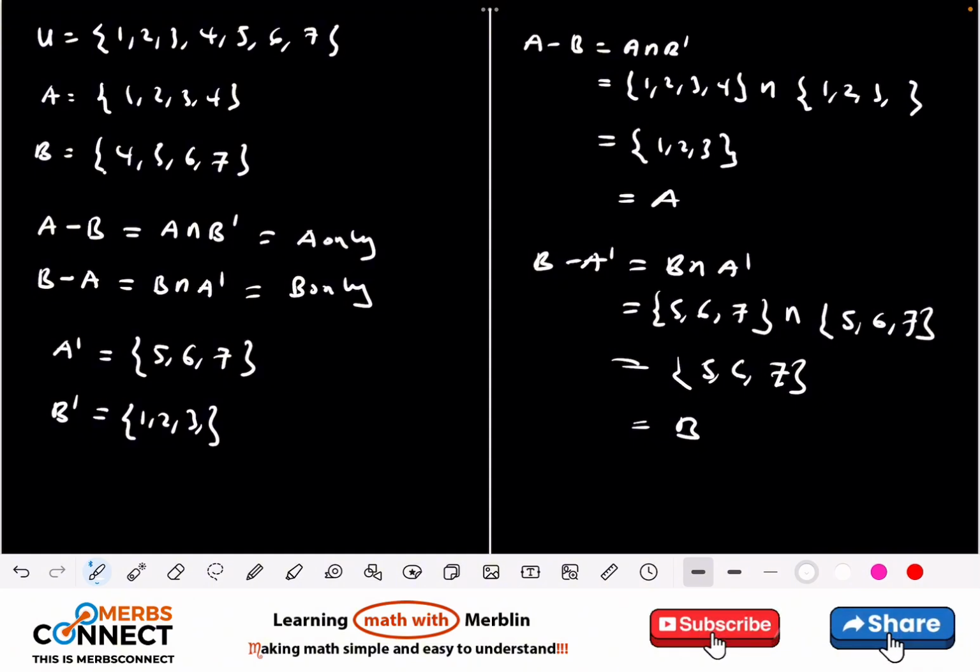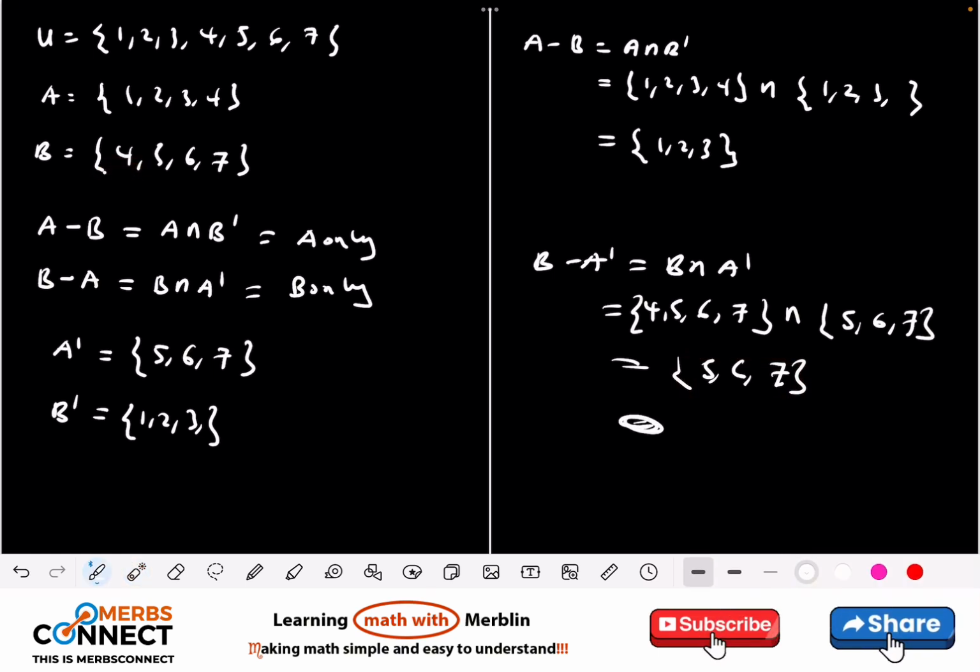So we are going to have this, right? Which is not A, because A is 1, 2, 3, 4. And this is 1, 2, 3. You get it? Yeah. And when you come here, here we have added 4 to the B. So we are going to expand this one and add 4. So you see that here now, when you are looking at the intersection, we don't have 4 here. So we are going to have 5, 6, 7, 5, 6, 7, which is here. And this is not the same as B, because B has a 4 here.